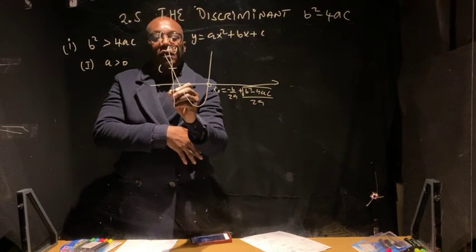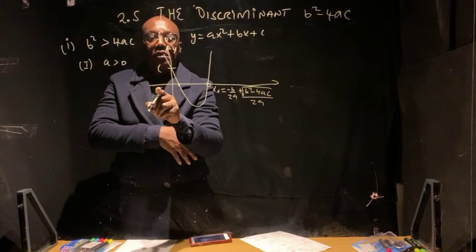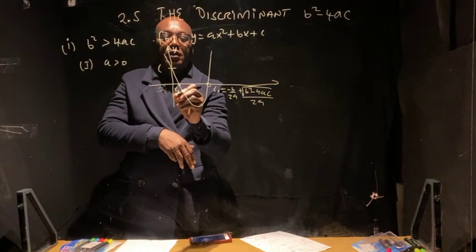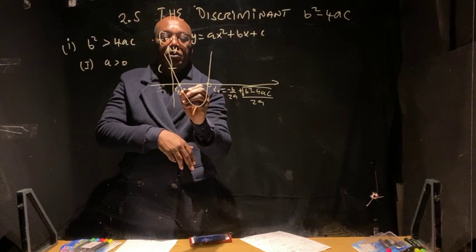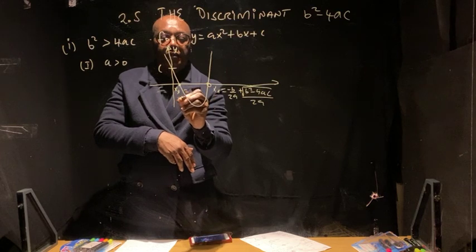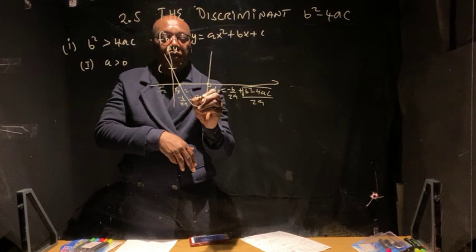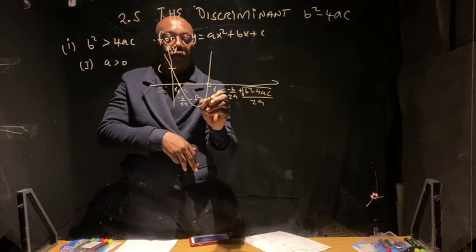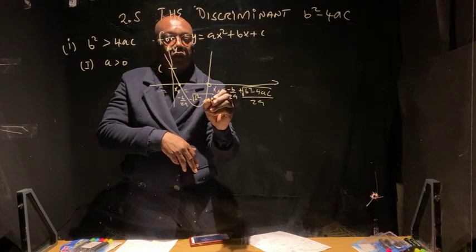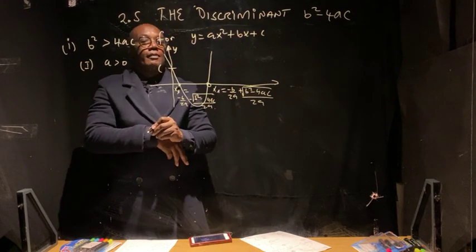And x2 is equal to negative b over 2a minus the root of b squared minus 4ac, all over 2a. That's this one.